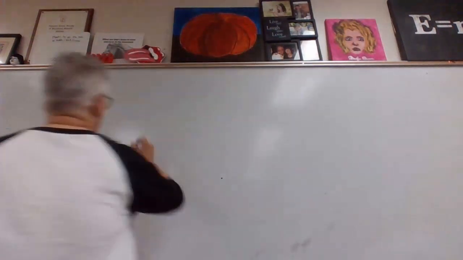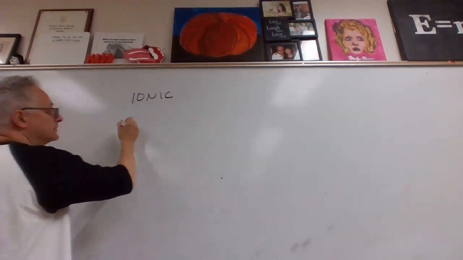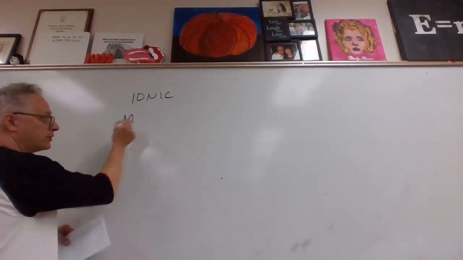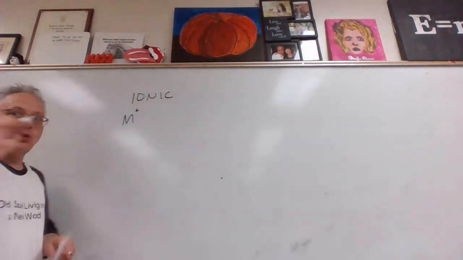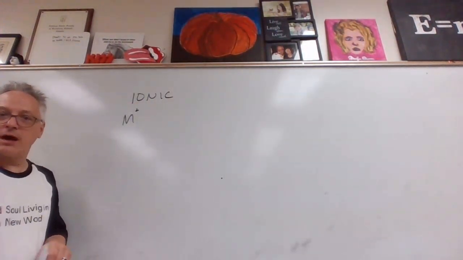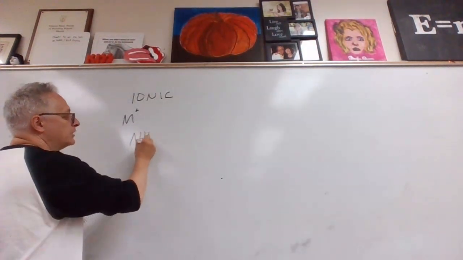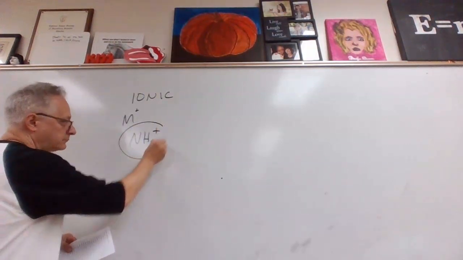You also have to recognize that ionic compounds always start with a metal with some sort of charge on it. The only exception is NH4, ammonium, which is on your chart.